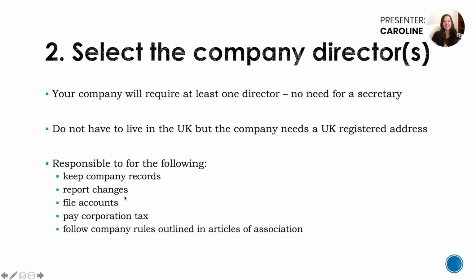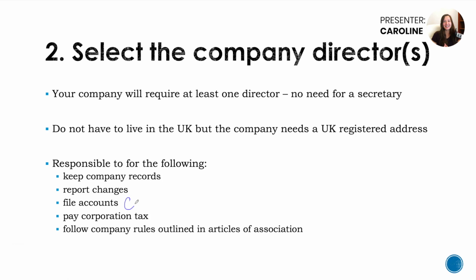The next one's filing of accounts. You have to produce a set of accounts for every 12-month trading period from incorporation, and it's due to both HMRC and Companies House. Same with corporation tax, you need to do the corporation tax returns. Corporation tax is just to HMRC, so keep that in mind. Let me write this down for you.